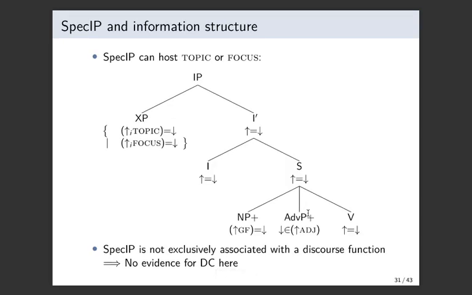Okay, so spec IP can host topics, as previously claimed, but I've also shown it can host focus, either the subjects of presentational sentences or specifically contrastive focus. And I'm not going to go into the different types of focus today. So spec IP isn't exclusively associated with a discourse function, therefore there's no evidence for DC here.